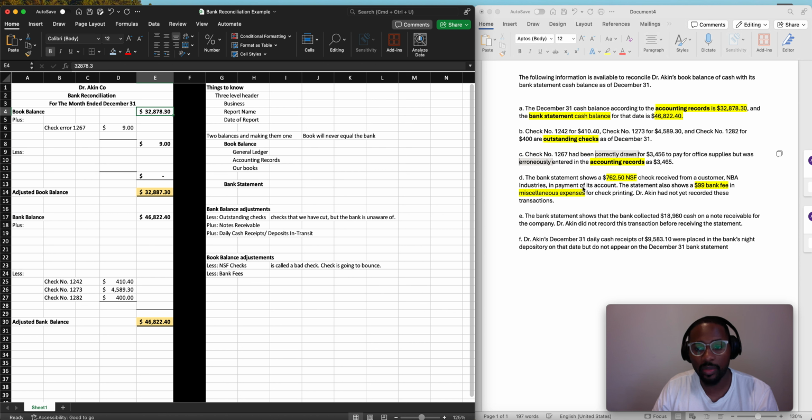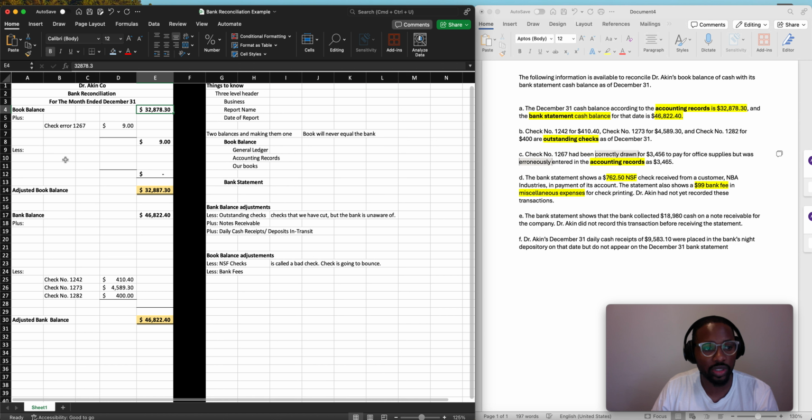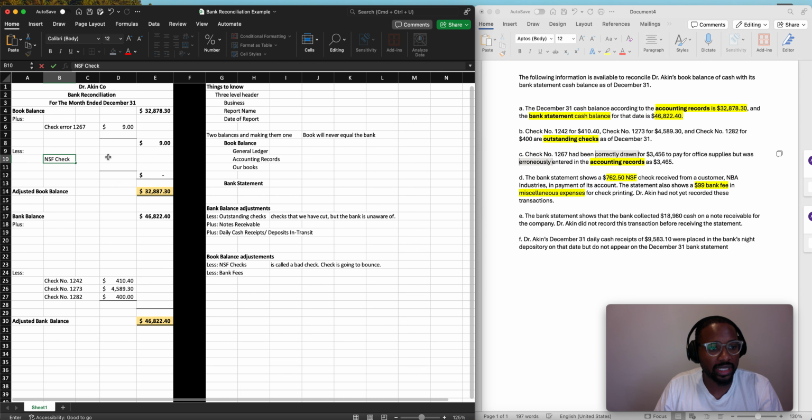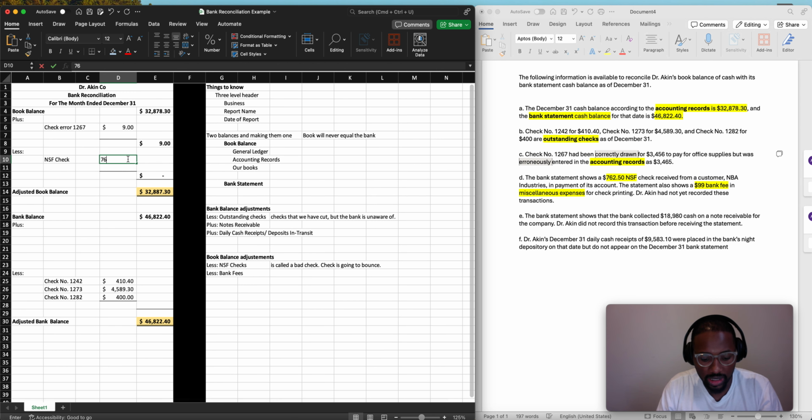So we need to decrease what we thought, because we put in there initially that they paid us. So we put money coming in, but in reality, they said it's a bad check. So we actually need to reduce it. So we're going to come here and put NSF check. We're going to put the book less, and we're going to put NSF check for $762.50. All right.